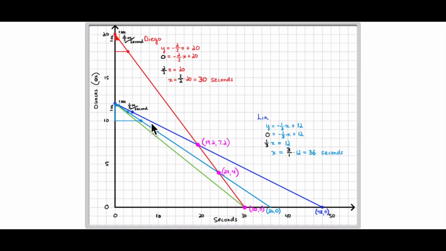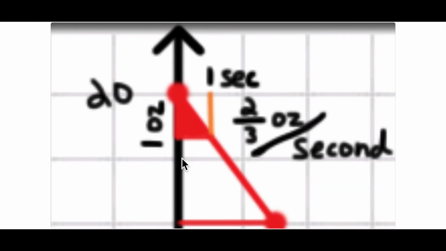So the faster rate, so this is 1/3 of an ounce per second. So I'm going to zoom in. This is Diego's. Once again, it's the same. So 2 ounces in 3 seconds. But now Lynn is drinking those same 2 ounces, the first 2 ounces, in 6 seconds. 2, 4, 6. So remember, it was 1/3 of an ounce in 1 second.